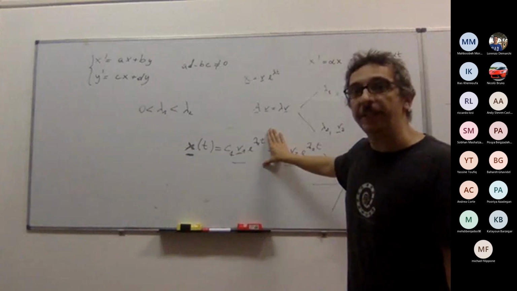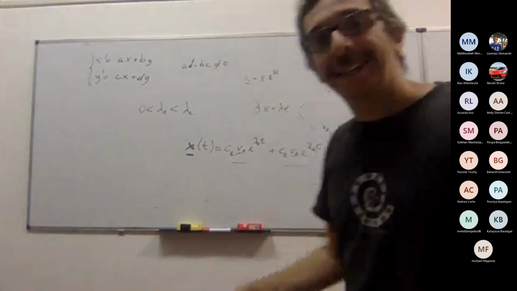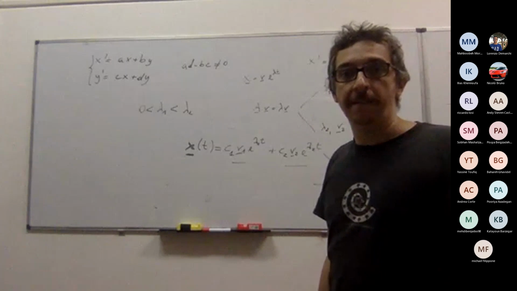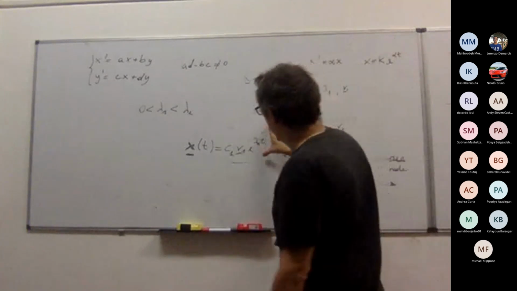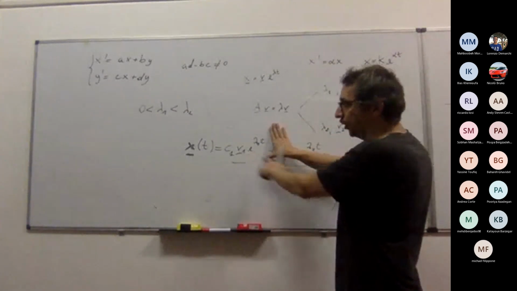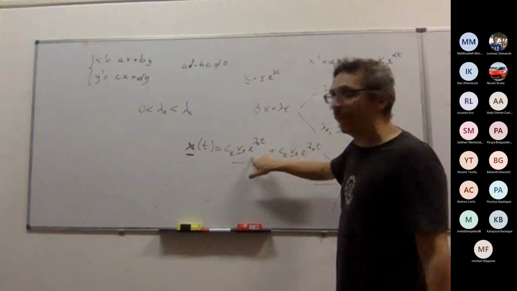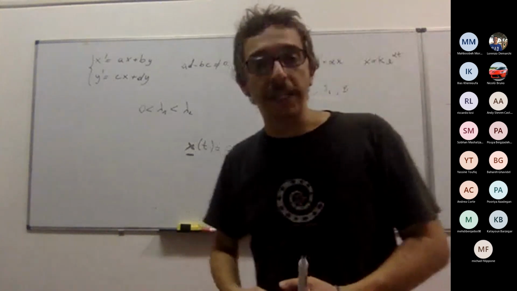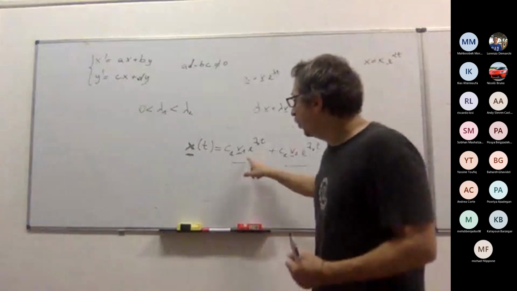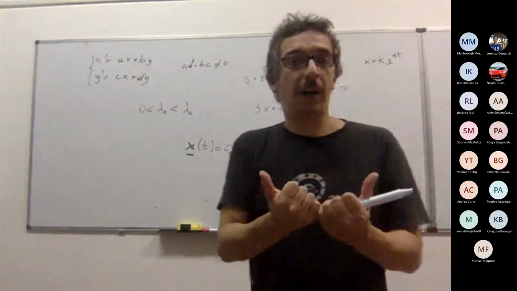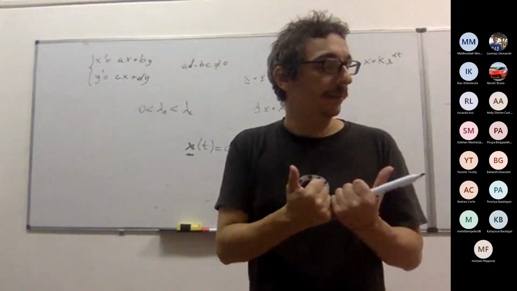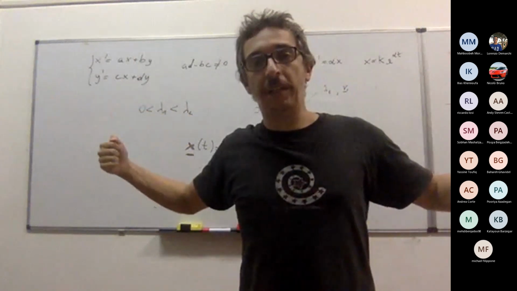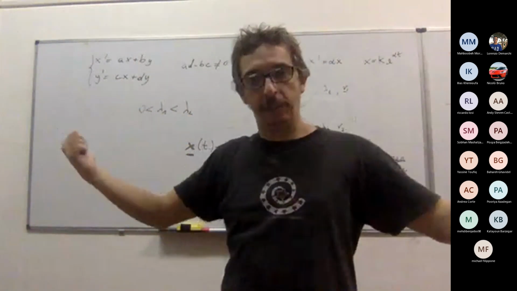The critical point is approached when t is going to minus infinity, because for t that goes to minus infinity, this thing is 0. So this means that as t is increasing, this solution is going apart from the critical point. It's leaving the critical point.